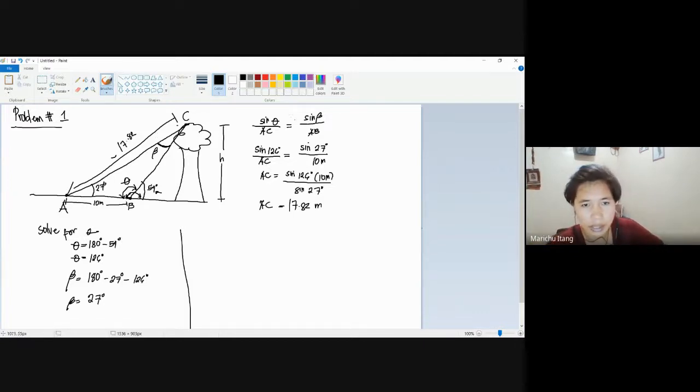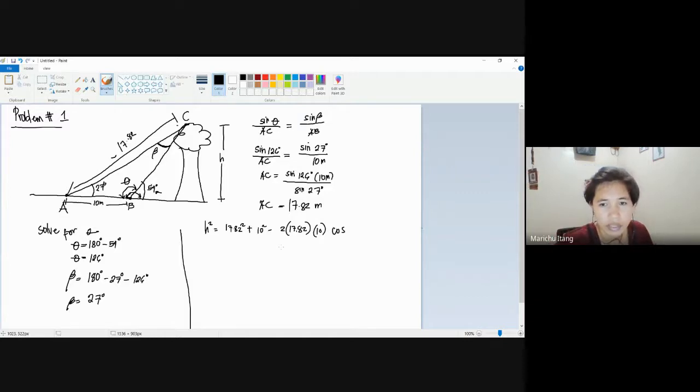Okay, so let's find h. So h squared is equal to 17.82 squared plus 10 squared minus 2 times 17.82 times 10 times cosine, what would be the angle?